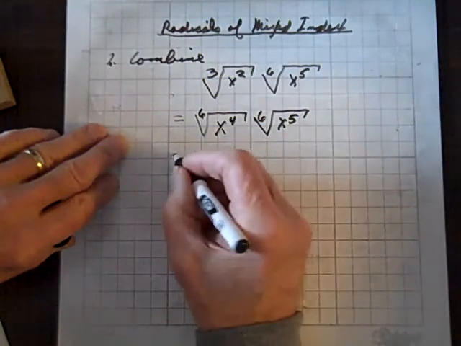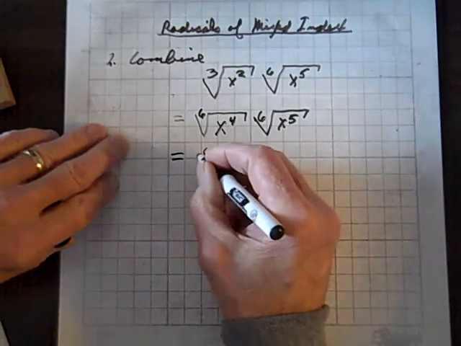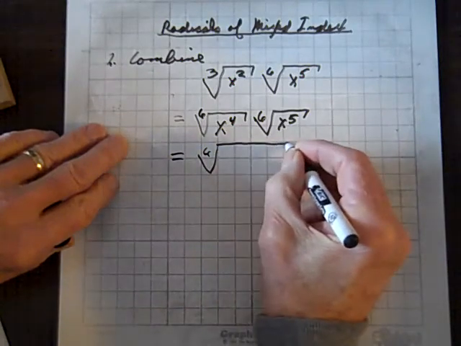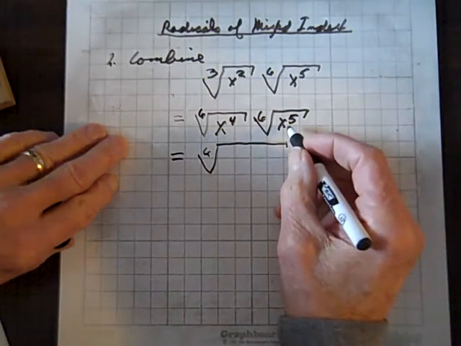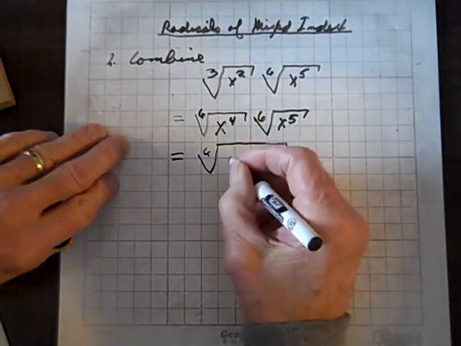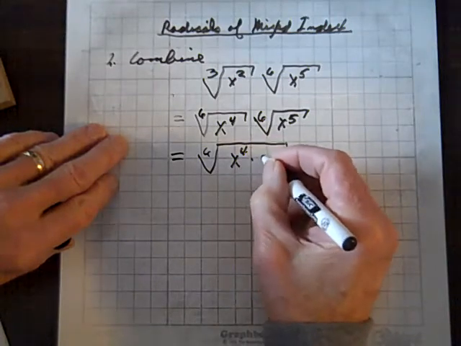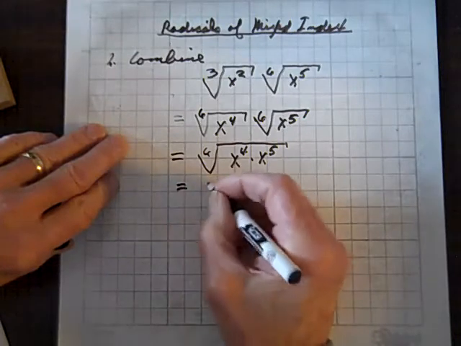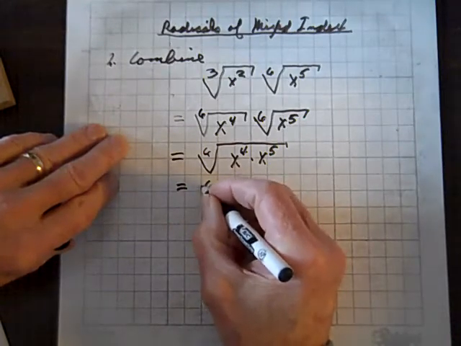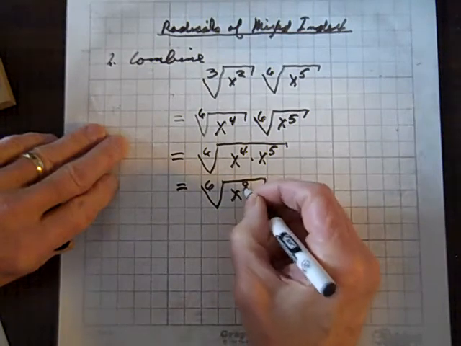So now, since we've got the 6th root, we can stick x to the 4th and x to the 5th all under one radical. And we get x to the 4th times x to the 5th, and that equals the 6th root of x to the 9th.